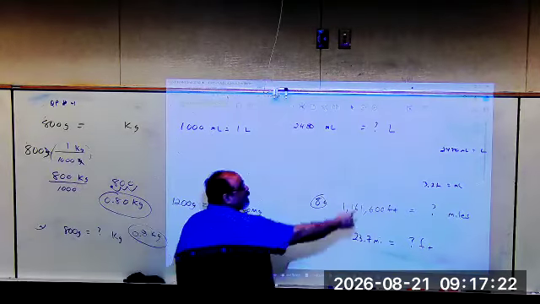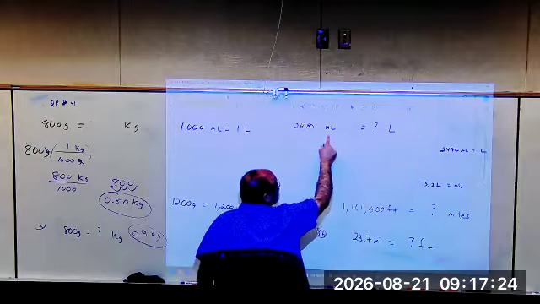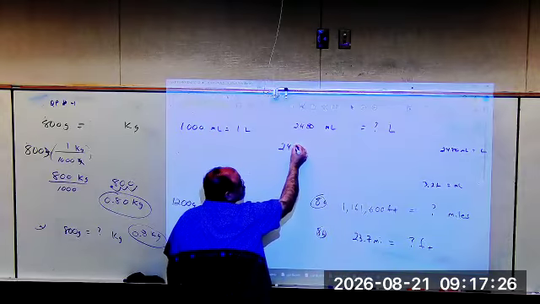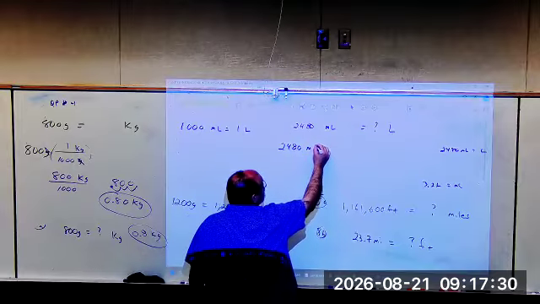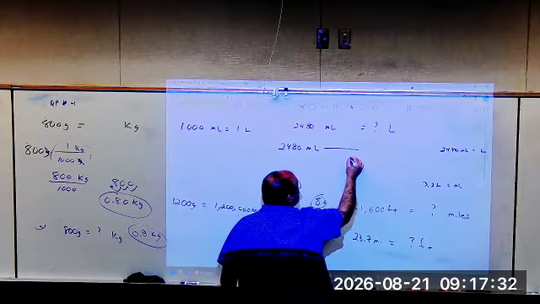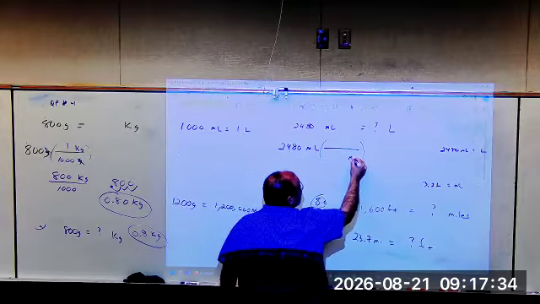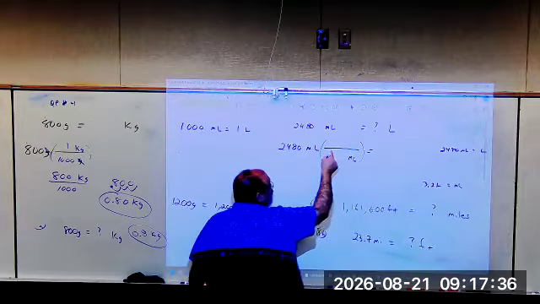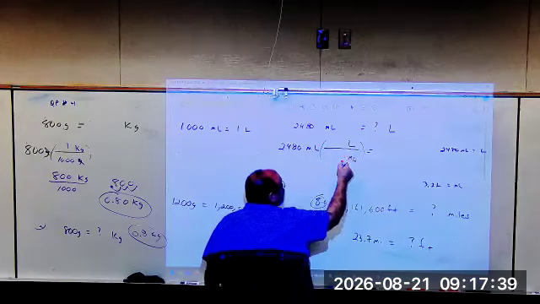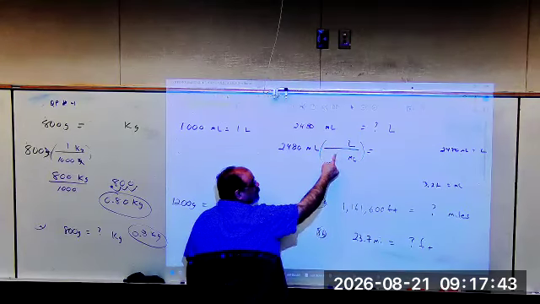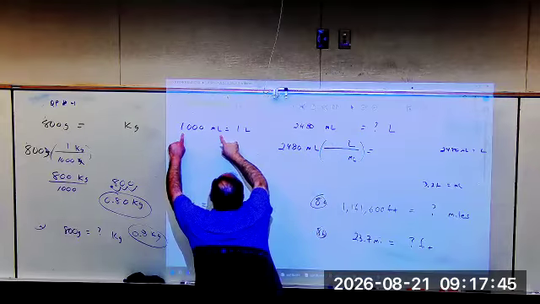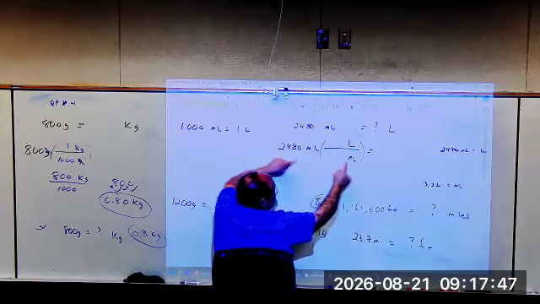We want liters, so we need to divide by what? Louder? Gotta divide by the milliliter. So if I'm dividing by the milliliter down here, is the 1,000 going to be down in the denominator or up in the numerator? Denominator, because the 1,000 goes with the milliliter. They stick together.